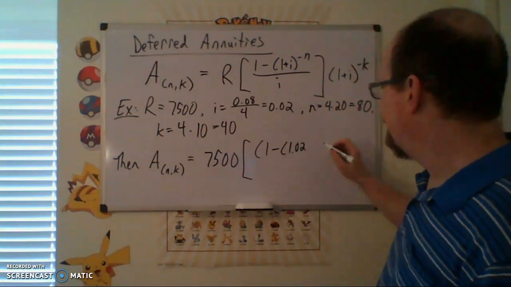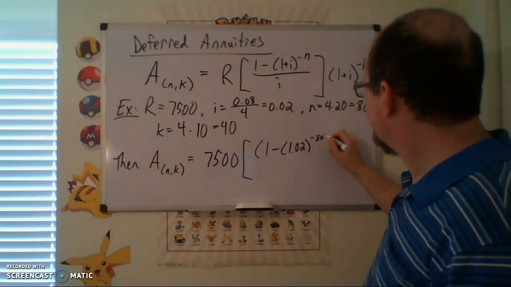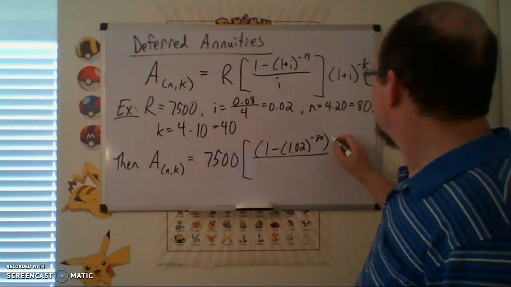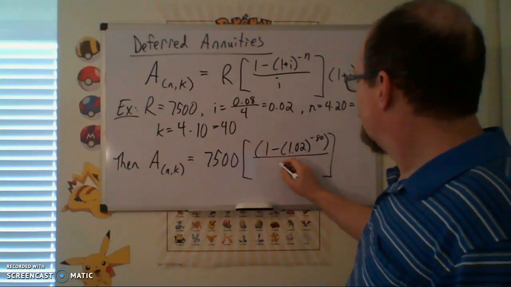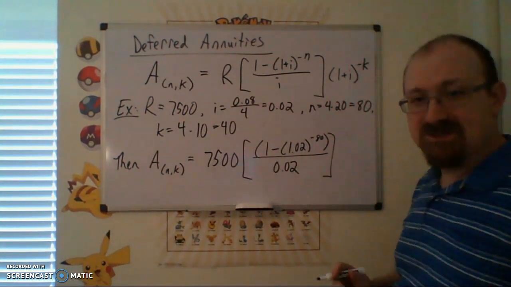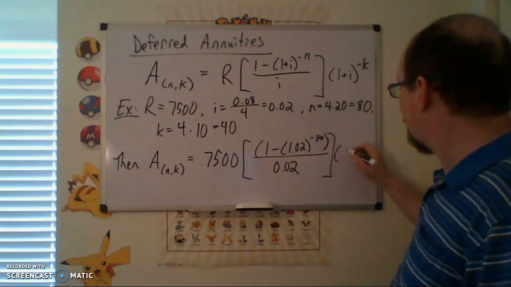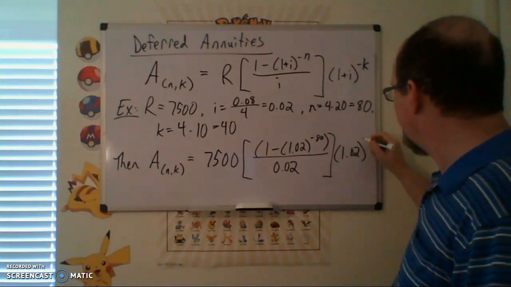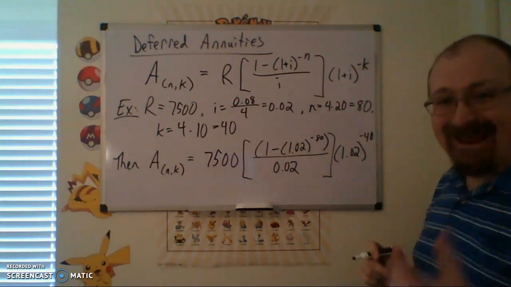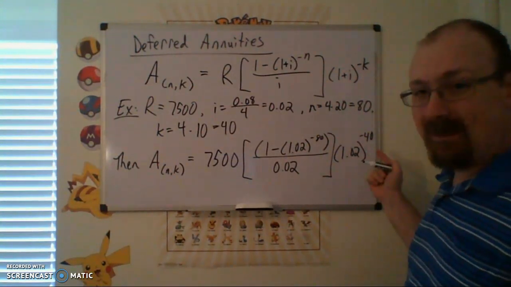Double check and make sure that I haven't messed that up. I have not. Negative 80, divided by I, which is just 0.02. Here in the back, I have another 1.02 to the negative k, so negative 40.